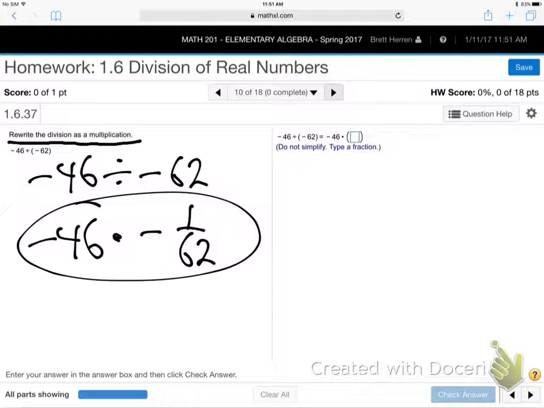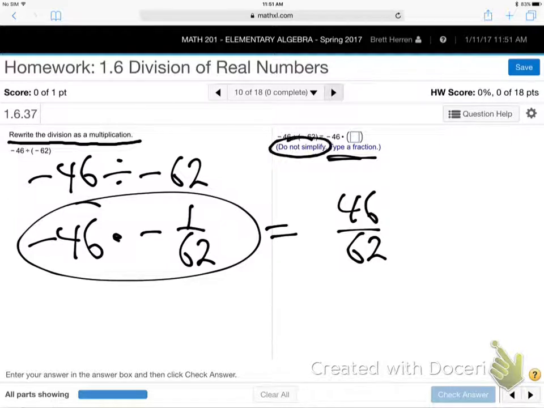Does that make sense? Oh, and they want a fraction answer in the end. So I guess what they want is 46 over 62. But see what they say here? Yeah, they're being kind of weird. Honestly, I'm not going to put this on the test. This is just a quick little refresher to say, hey, do you realize that dividing goes to the bottom?